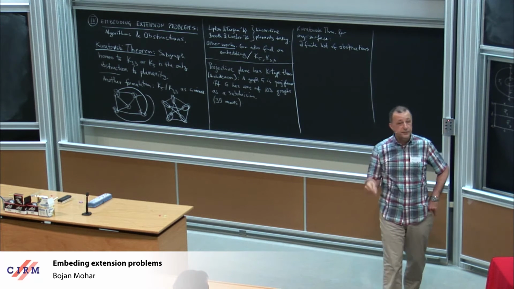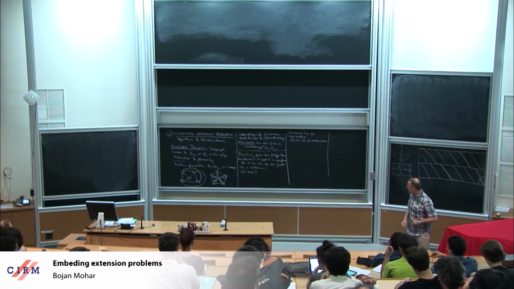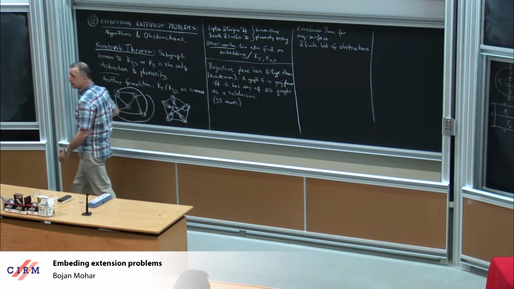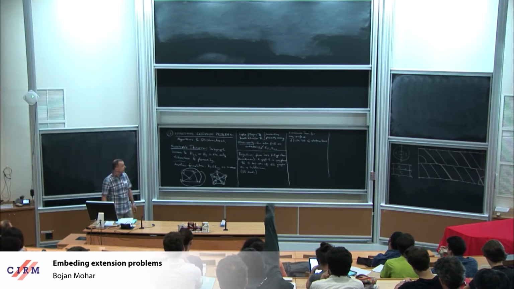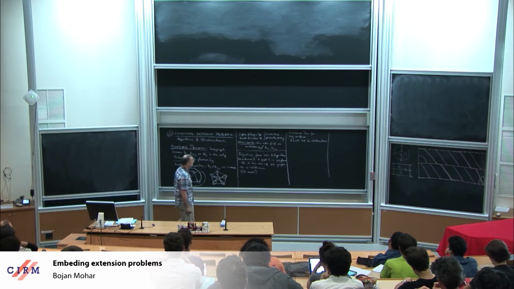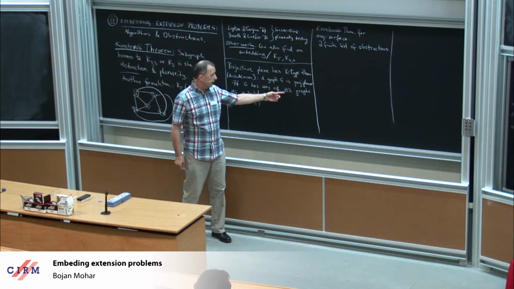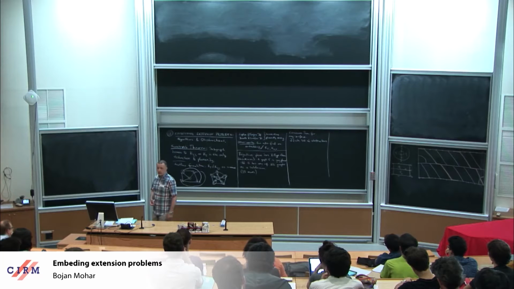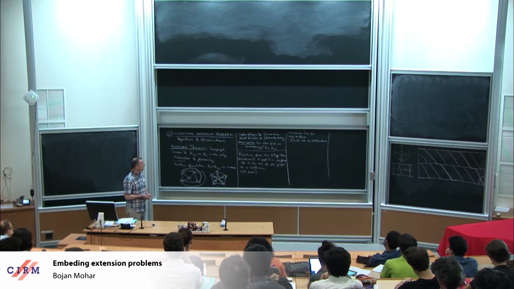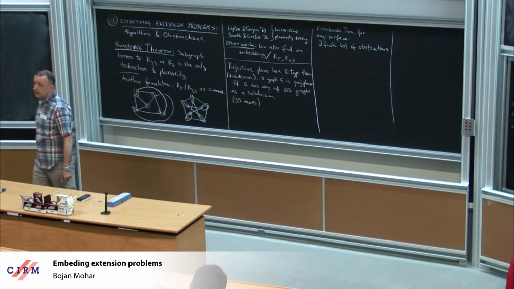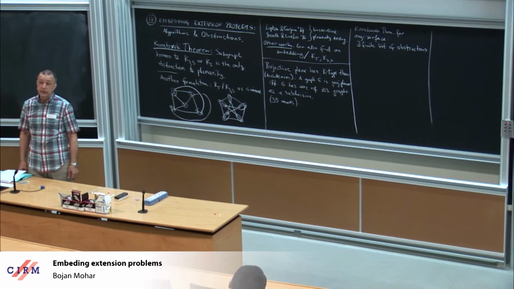So for every surface, there is a finite set of graphs which play the same role as K33 and K5 play for the plane or the sphere. As you can imagine, the number of these graphs grows. And it is an interesting fact that besides these two cases, no other surface has a complete list known.